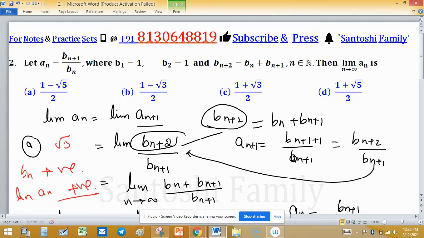We know root 5 is 2 point something because root 4 is 2, so root 5 will be greater than 2. So 1 minus root 5 divided by 2 cannot be the answer because it is a negative value. So the positive one, we can choose: option D is right.